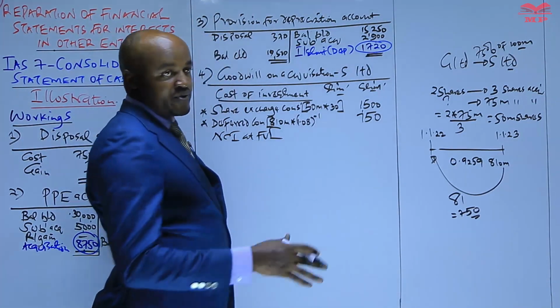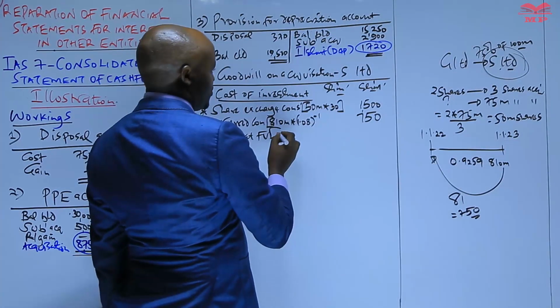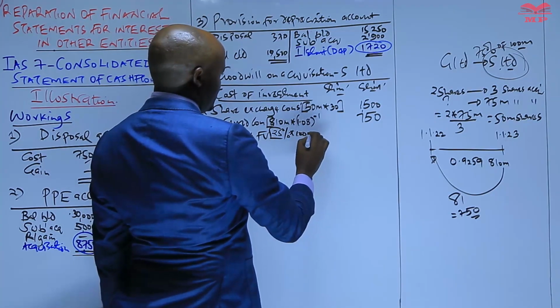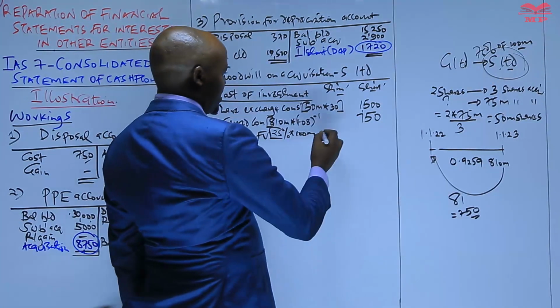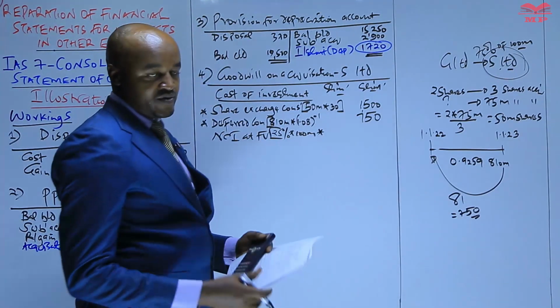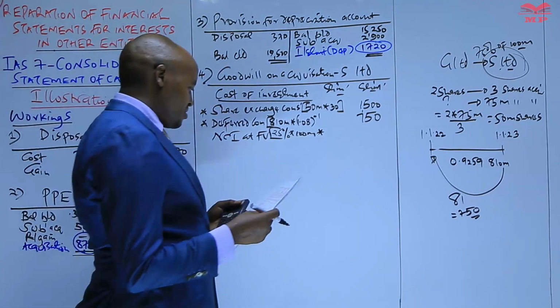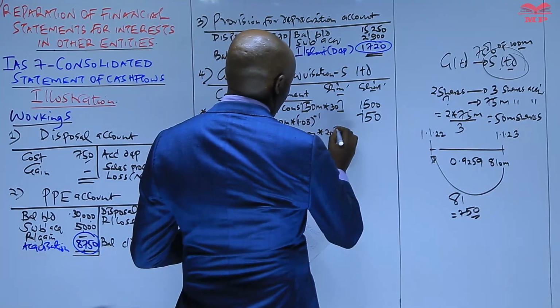Very simple. We determine the shares held by the minority shareholders in that subsidiary, which will be 25% of the 100 million shares issued by S, times their fair value. The fair value of these particular shares, as per note number 2, paragraph 2, is 20 shillings.